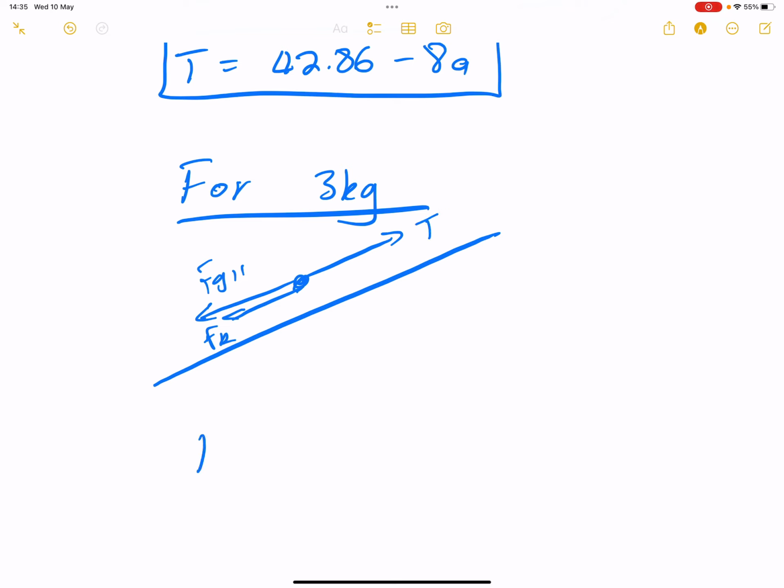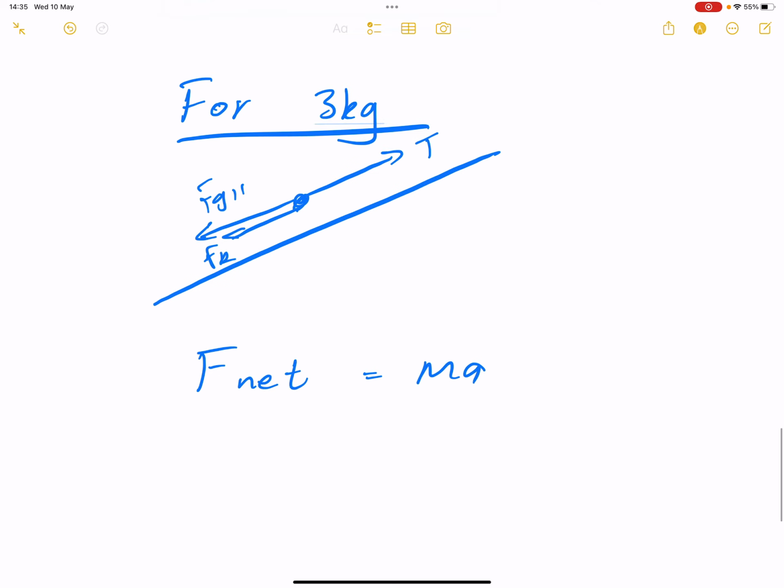Right, so I'm going to say, for 3 kg, F net is equal to MA. And note, because we're using an inextensible string, it means that the acceleration would be the same. So that would be tension minus Fg parallel minus the frictional force, right?